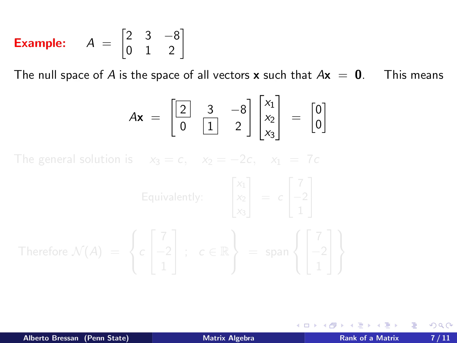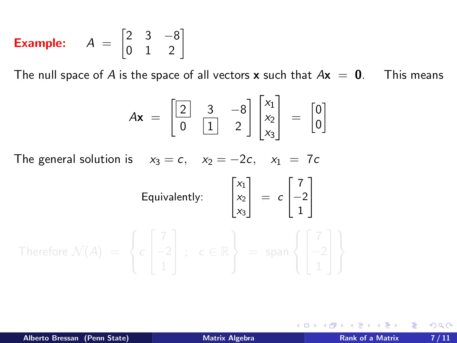Okay, so let's take an example and very primitively try to find the null space of A. Given the A matrix like that, 2 by 3, the null space of A is all vectors x such that Ax is 0. This means I can write out Ax = 0: A times x needs to be a 0 vector. Let's try to find the solution.